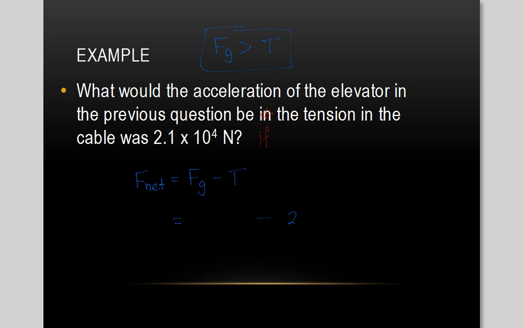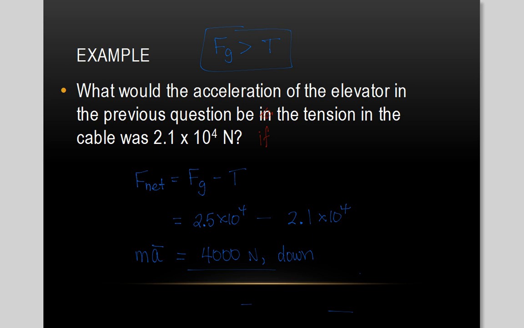So what's the value for Fg again? 2.5? Okay, so in this case, what's the net force? 4,000 newtons. Now we can write the word down. And to find the acceleration, all I have to do is divide out the mass.